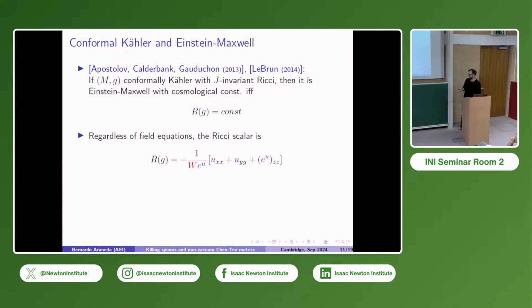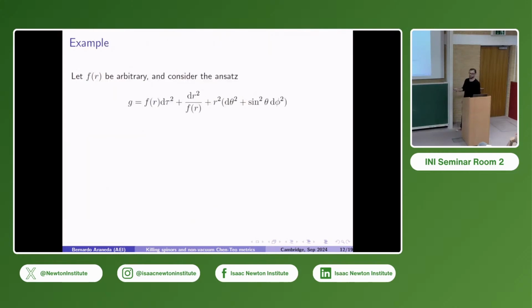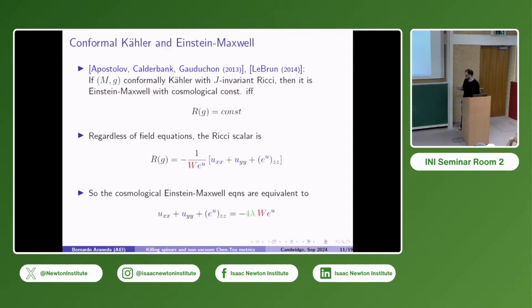And now, combining these two previous results, you see that the cosmological Einstein-Maxwell equations are equivalent to this single scalar equation. So it's a nonlinear PDE, but in these variables at least it looks quite simple, quote unquote.